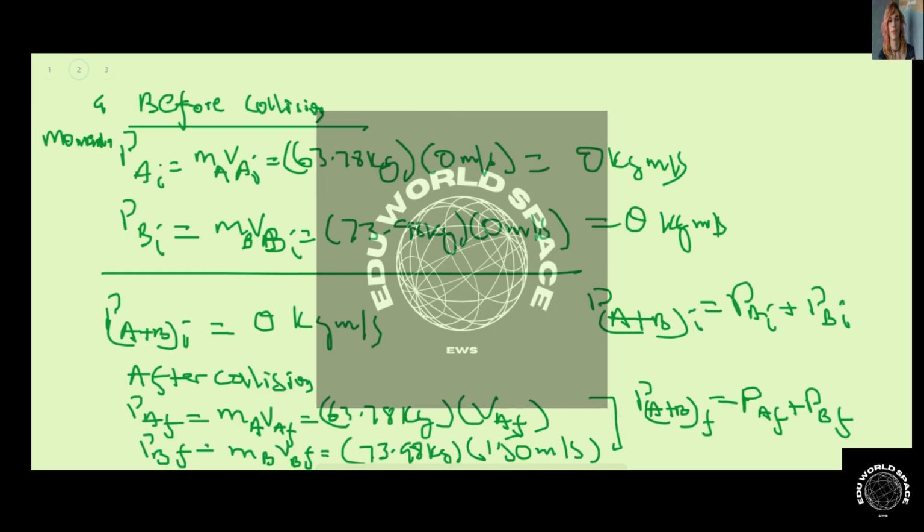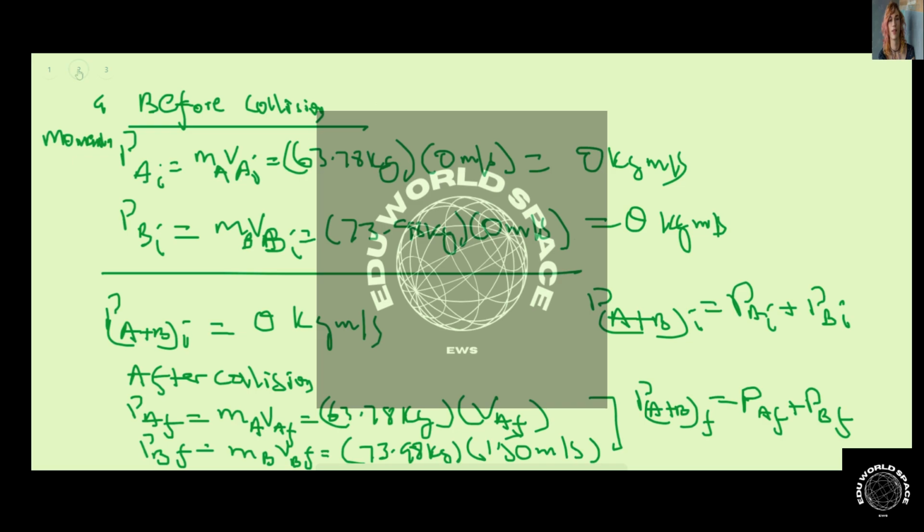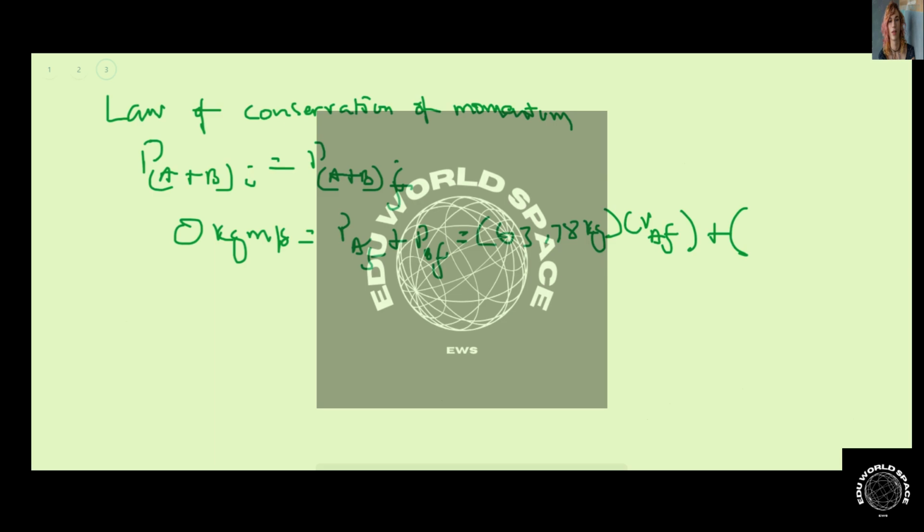The final momentum of A, you can recall, is 63.78 kilograms times the final velocity of A. And then you could see that the final momentum of B is 73.98 kilograms times the final velocity of B, which is 1.50 meters per second.